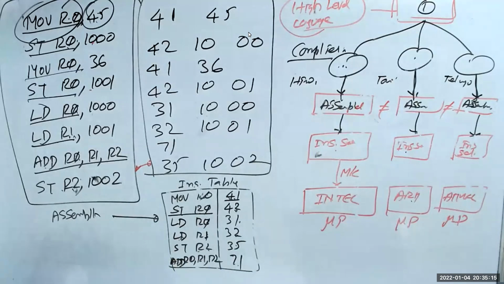It is not possible. Without assembly, I cannot get into machine language. Please understand, any high-level language needs to be converted to assembly language to get into machine language. Please understand that.